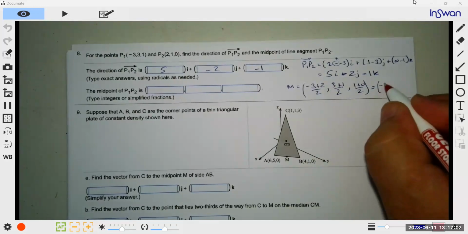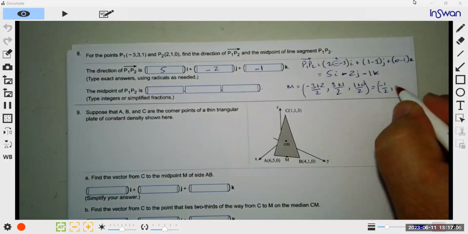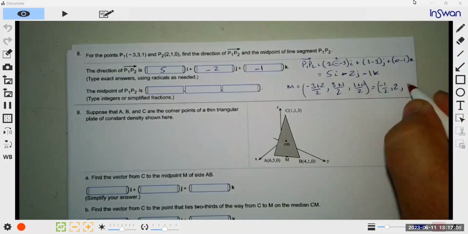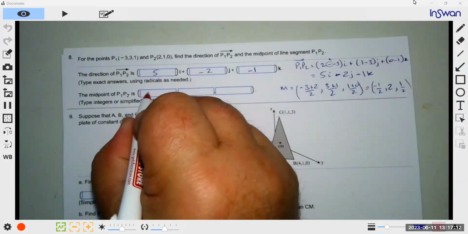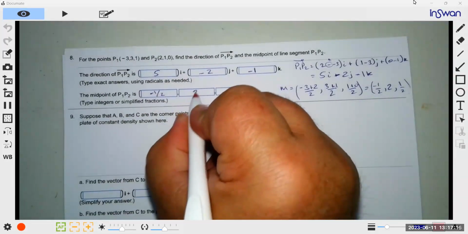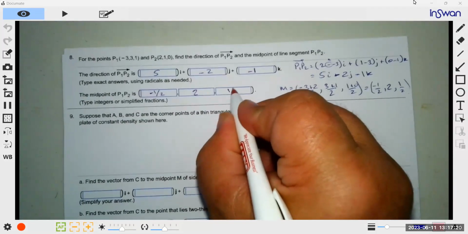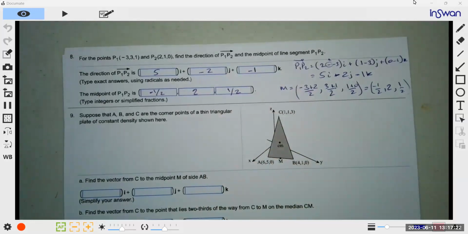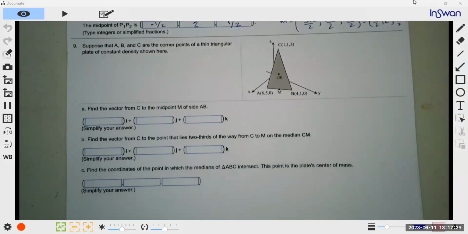Negative 3 plus 2 is negative 1 over 2. 3 plus 1 is 4, 4 divided by 2 is 2. And then 1/2. So it's negative 1/2, 2, and 1/2.